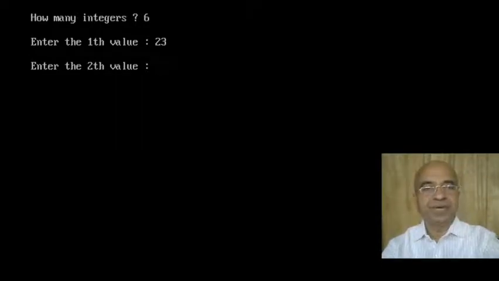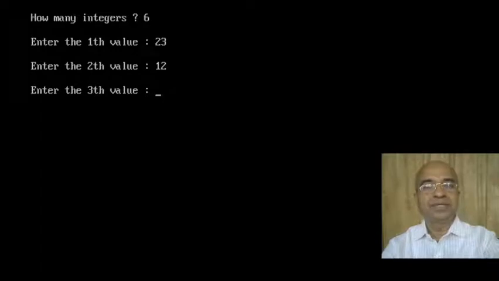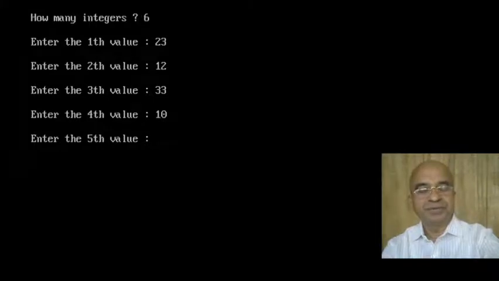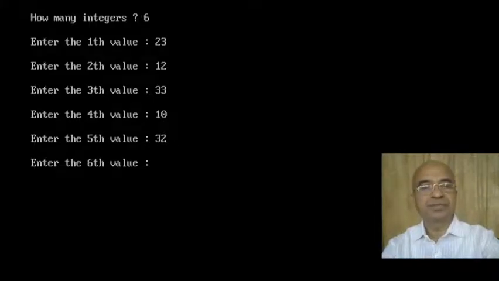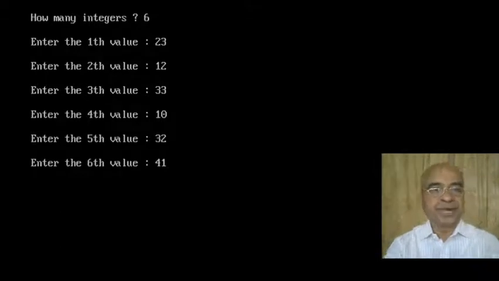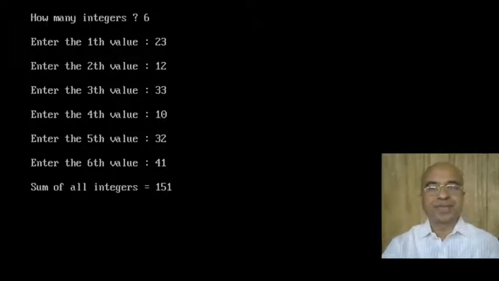Enter the second value 12, the third value 33, the fourth value 10, the fifth value 32, and the sixth value 41. Yes, we have completed entering all the 6 integer values.